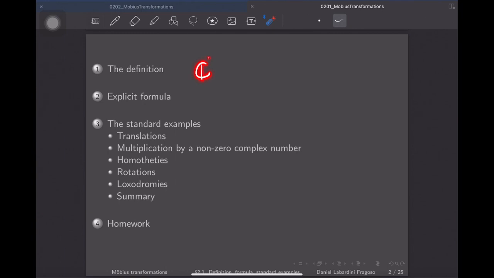Which means that in particular the image of any one-dimensional vector subspace, under such a bijective linear map, is also a one-dimensional subspace of C2.